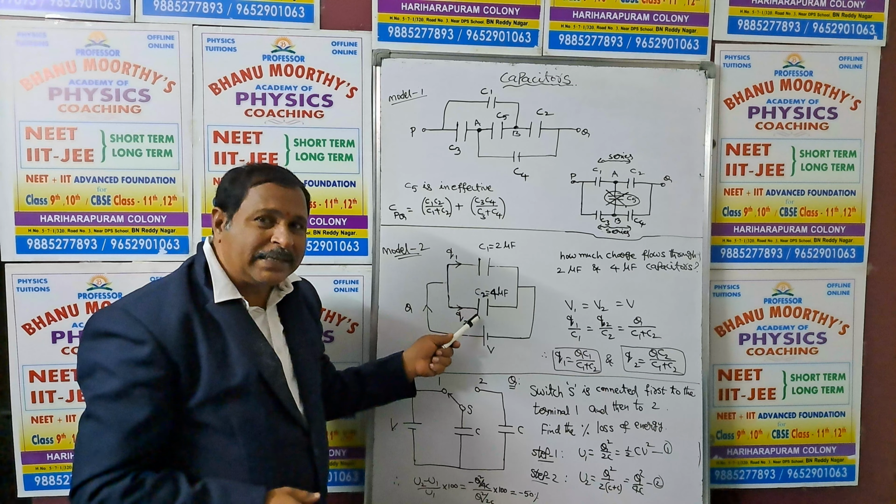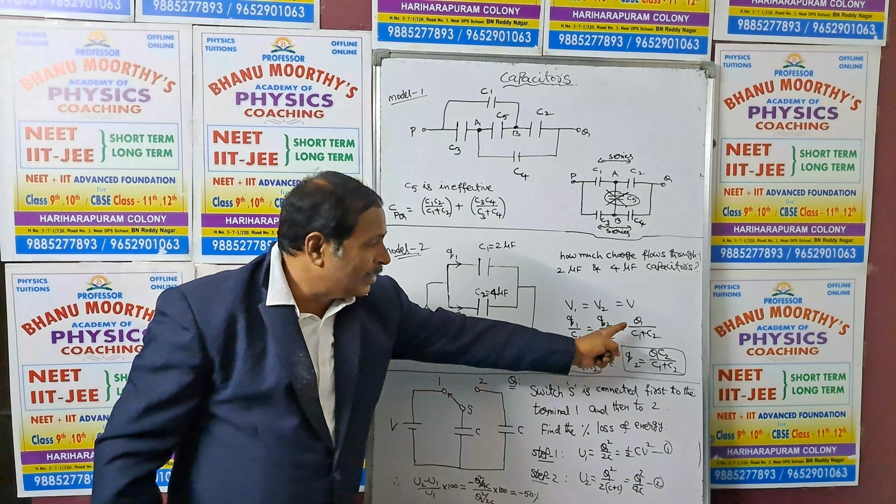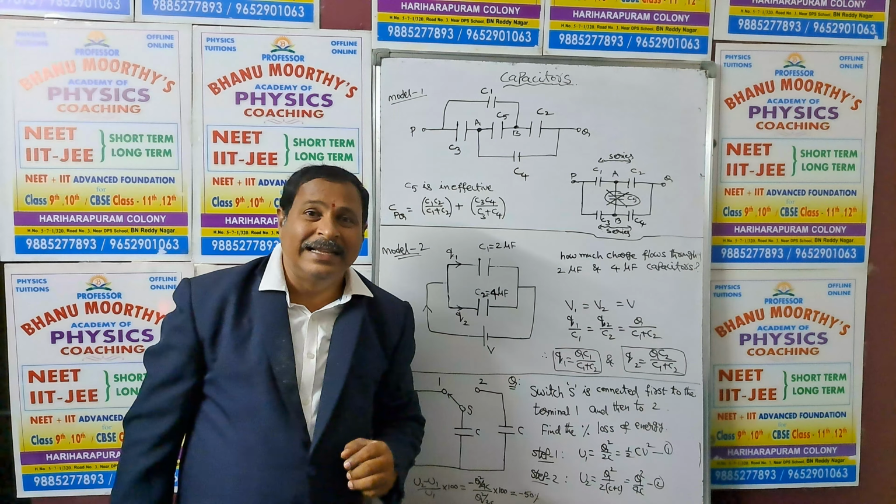The total potential difference in the entire circuit is total charge divided by total capacity, Q by C effective. In a parallel combination, effective capacity is C1 plus C2. You know that. If you want the Q1 formula, equate first and last.